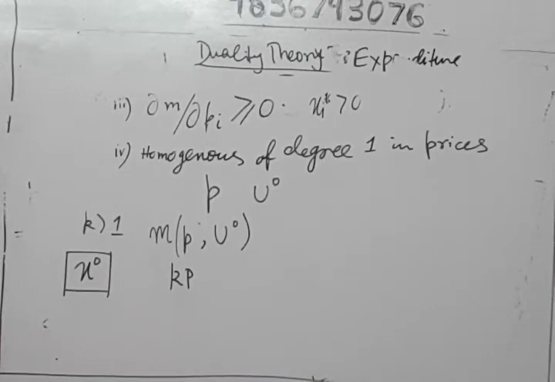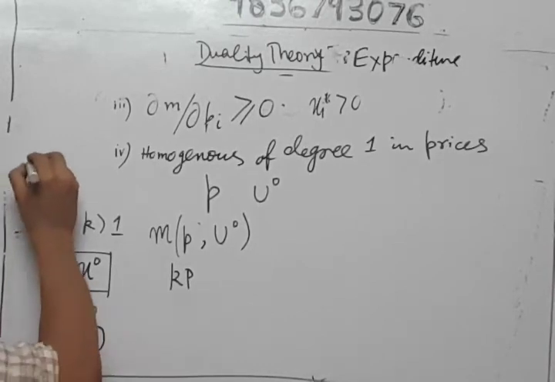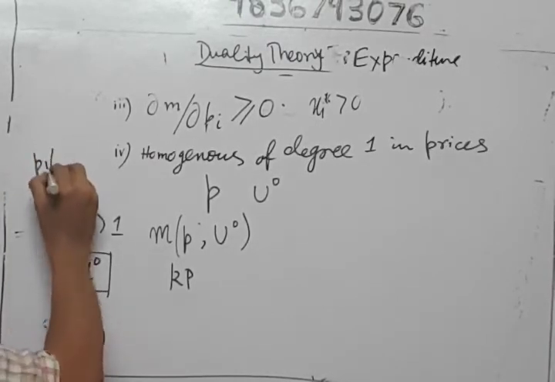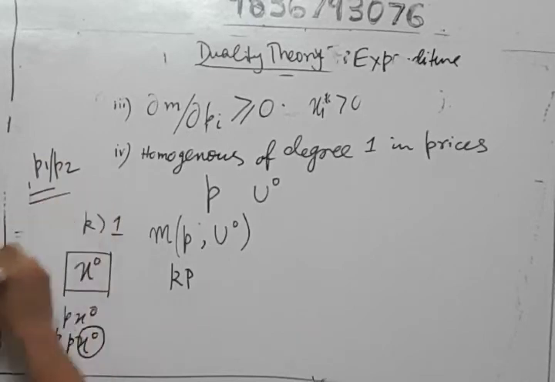That means now the expenditure will change from p x0 to k p x0, because the consumption bundle remains unchanged as a result of relative prices remaining unchanged.